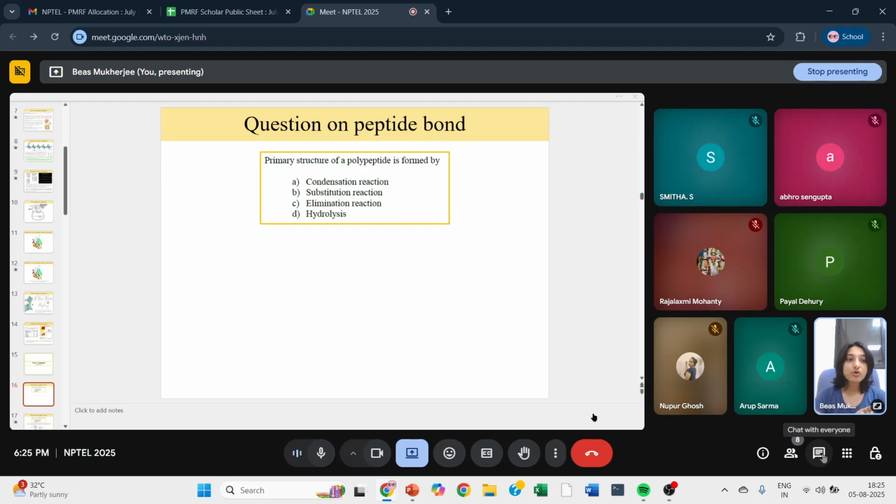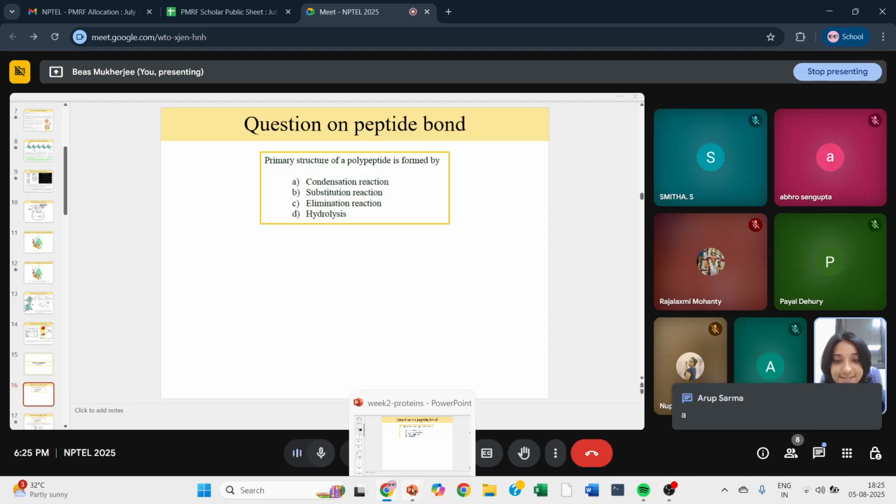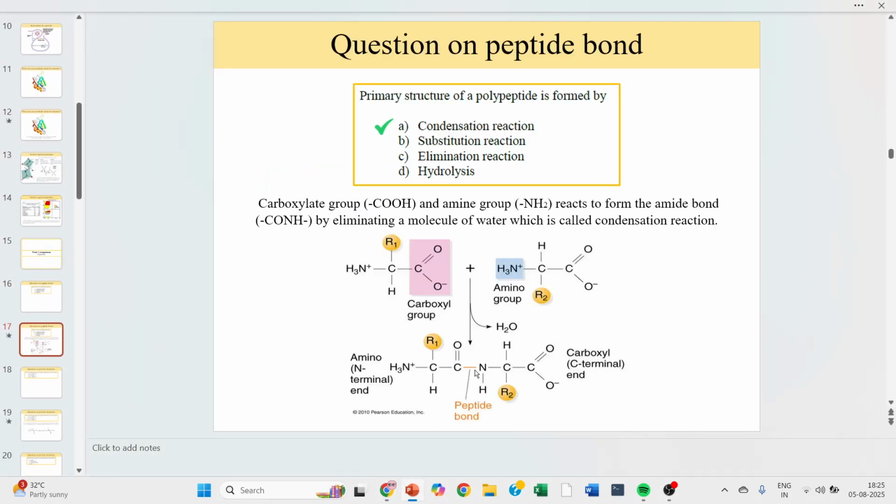Whether it's a condensation reaction, substitution, elimination or hydrolysis. A. Okay, very good. Yes, that's right. It's a condensation reaction because in a condensation reaction, two molecules join together and leave out a water moiety. Right, this is what is happening.